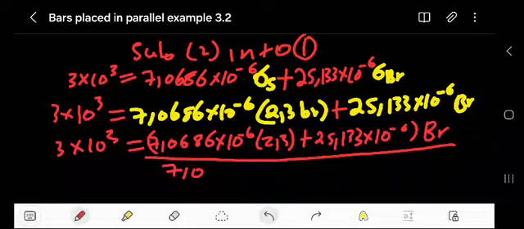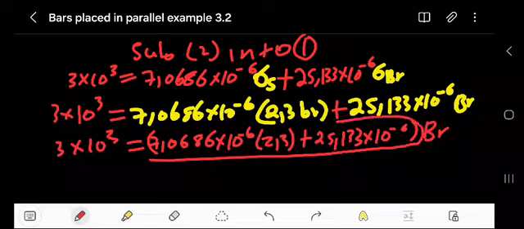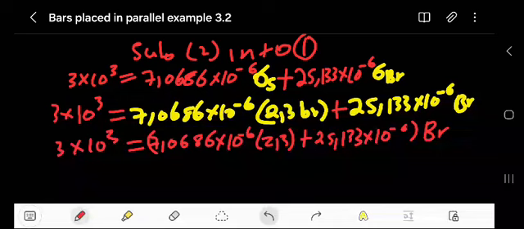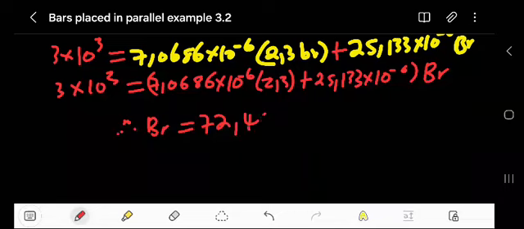You'll also divide by this, both sides. If you divide accurately there, you're supposed to get the stress of the bronze equal to 72.48 megapascal.